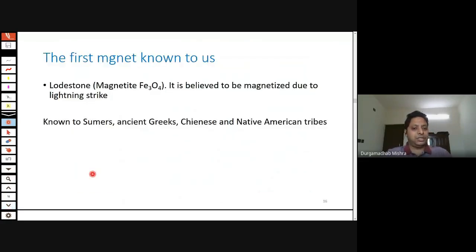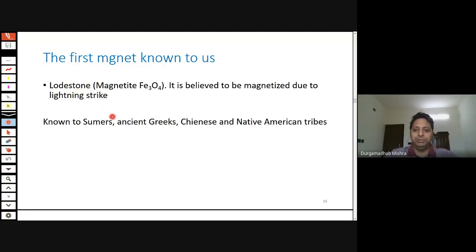So what is the first magnet known to humankind? That was something known nowadays as magnetite. Its chemical formula is Fe3O4, and it is known as lodestone.